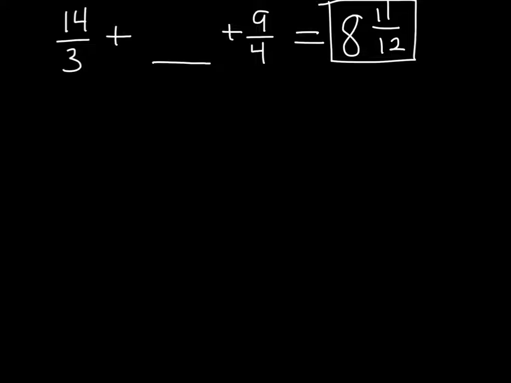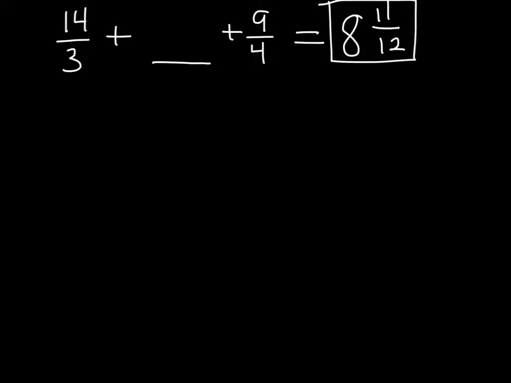But multiplying 4 times 14, that's a big number. It's likely I'm going to make a mistake, and then I'll have to add it on to another big number, and it increases the likelihood that I'm going to make a mistake. So I'm going to go ahead and turn my improper fractions into mixed numbers.